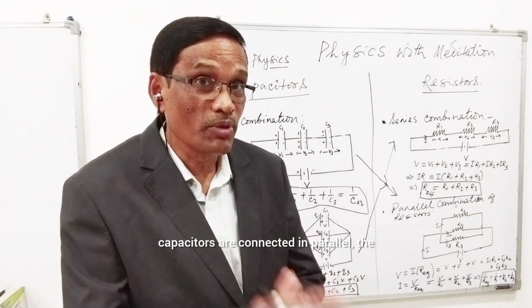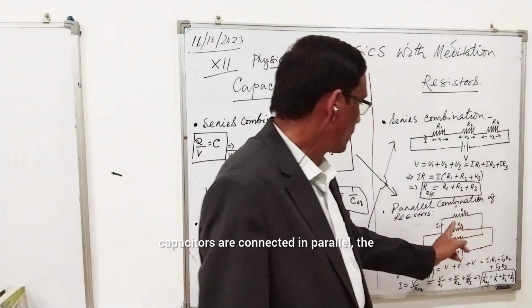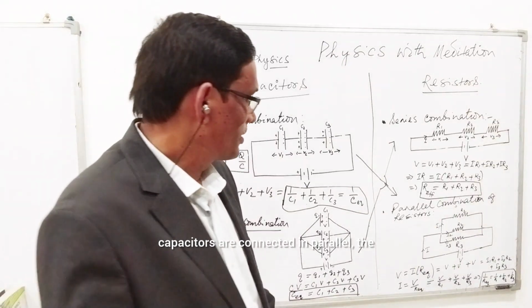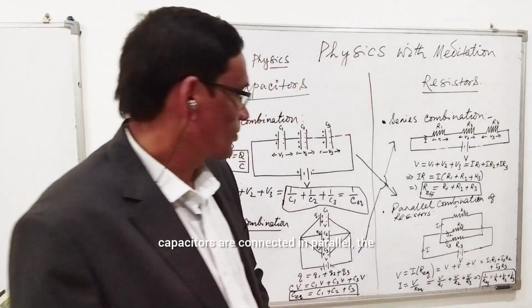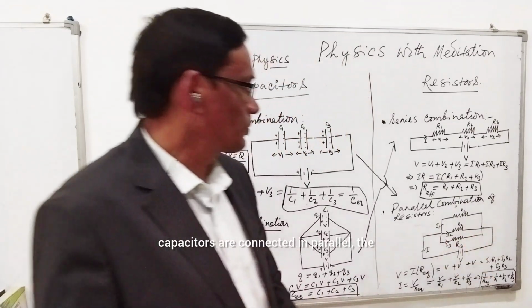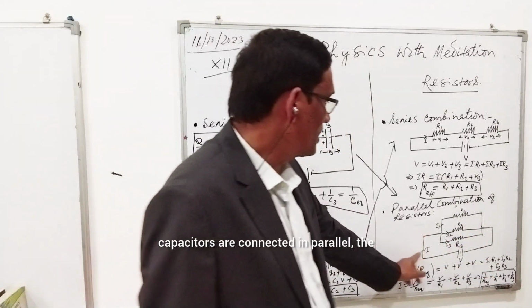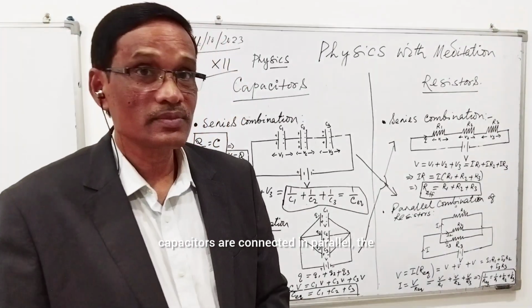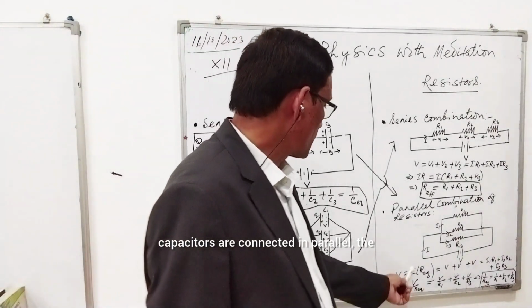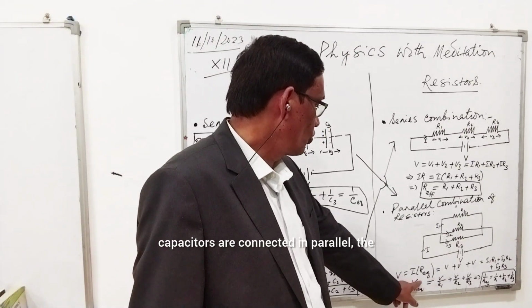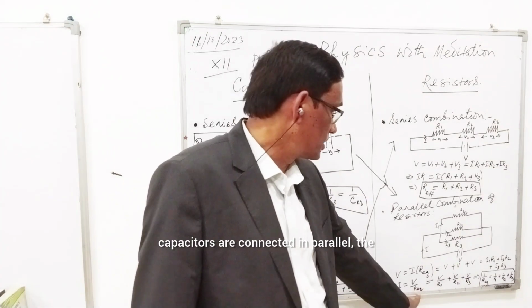Means what? You are getting your I1 R1 will be the potential, I2 R2 will be the potential, and I3 R3 will be the potential, which is I into the effective resistance R. So when you are talking about I, what is I? That is V upon the effective resistance.